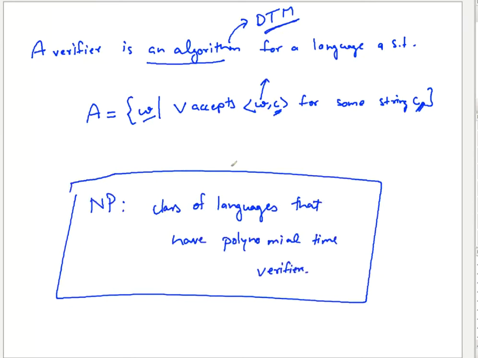What do you mean by polynomial time verifiers? That there exists a deterministic Turing machine that in polynomial time can verify the certificate, and based on the certificate it can decide that the problem is solvable, and you are able to give the answer.